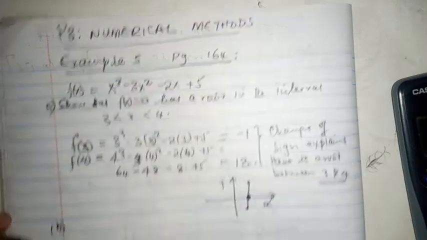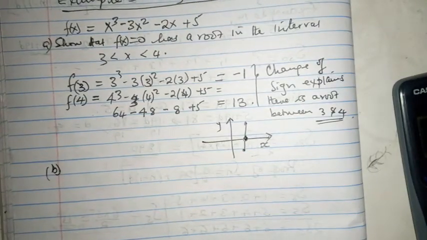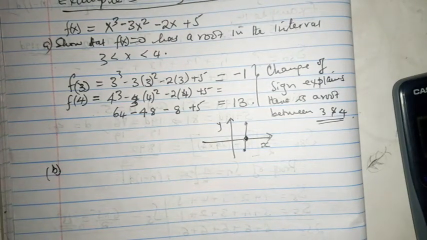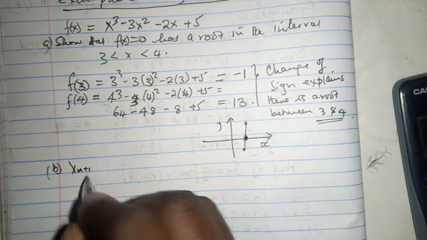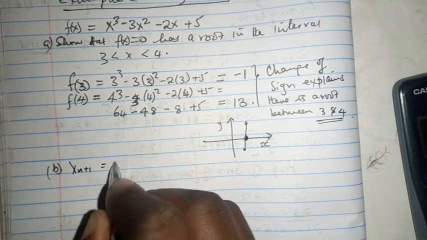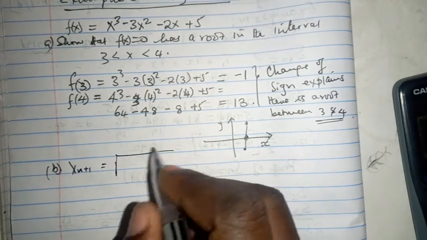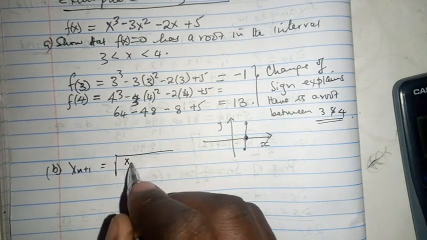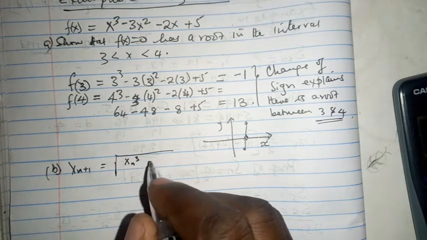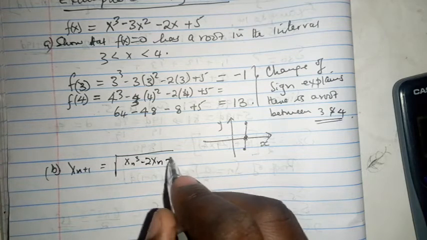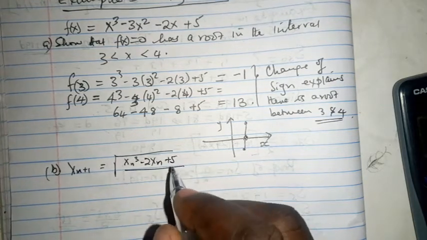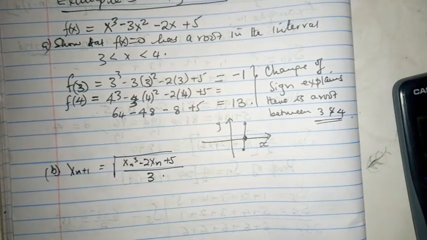Well, part B of the example. Use the iterative formula x(n+1) equals the square root of (x(n) cubed minus 2x(n) plus 5) all over 3.